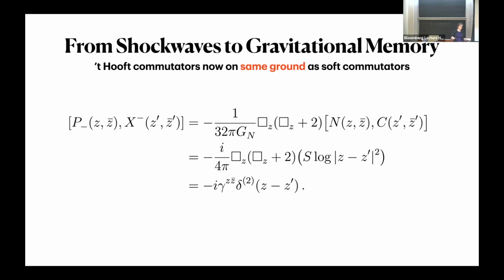So if you're willing to reasonably promote the Poisson brackets that appear in celestial holography, then these 't Hooft commutation relations in flat space are now on the same ground. It's still an ansatz about the way that you quantize the theory, but nevertheless, the claim is that these are now on the same ground.